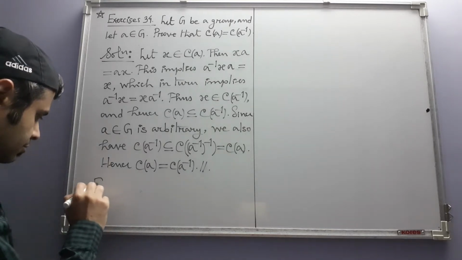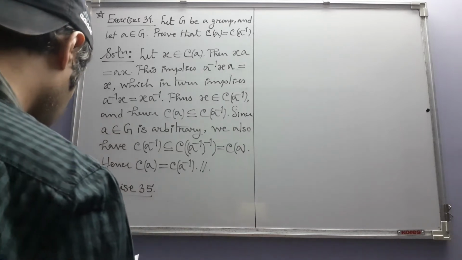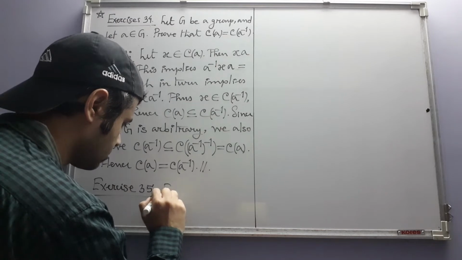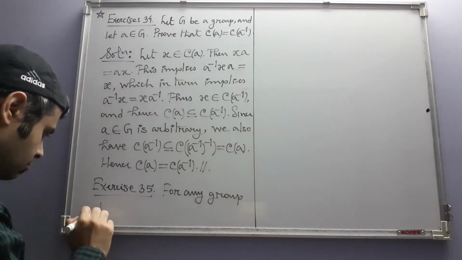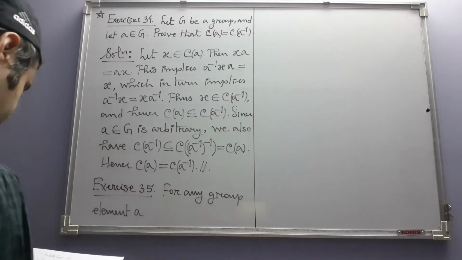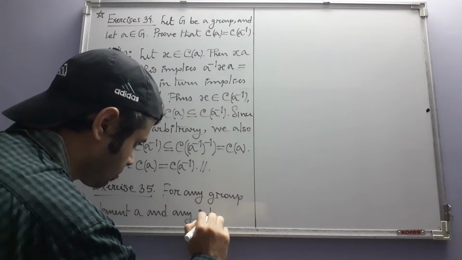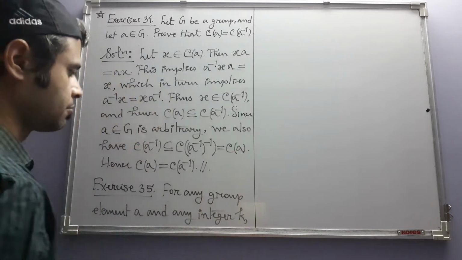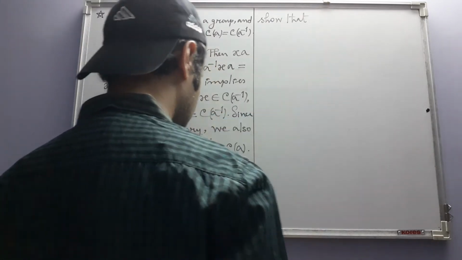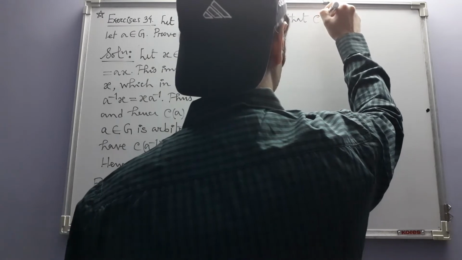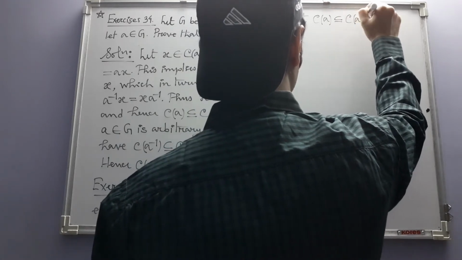Then 35. For any group element A, and any integer k, show that the centralizer of A is a subset of the centralizer of A to the power k.